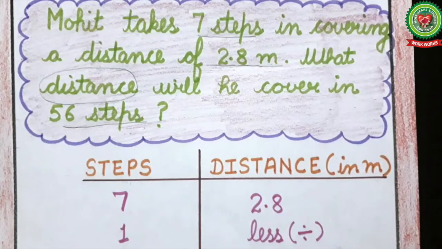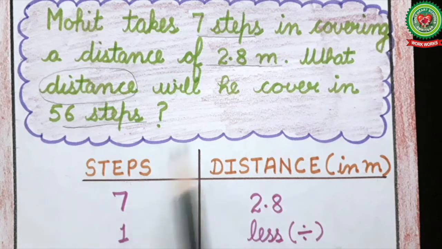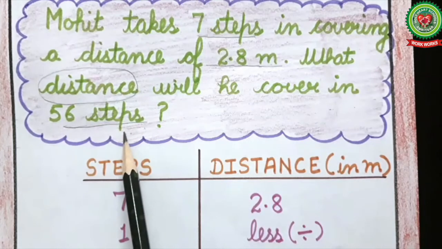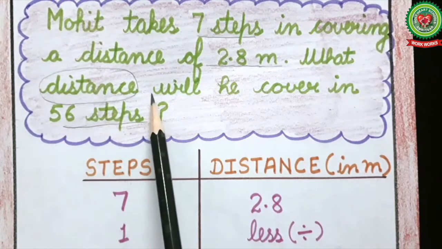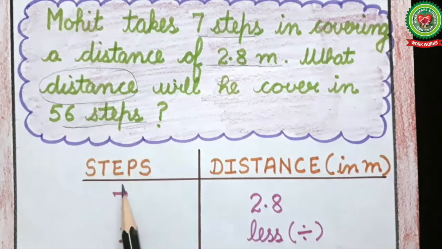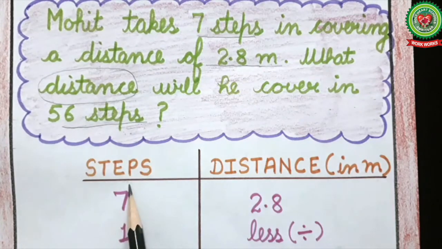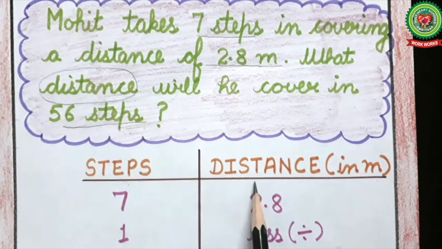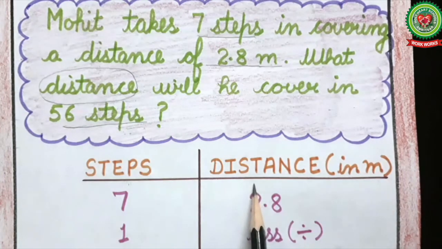Here first step is to write down information in tabular form. Here we need to find the distance for 56 steps. Distance we need to find and steps are given to us. So on left hand side we write down the given items, steps we will write, and distance which we are required to find should be written on the right hand side.